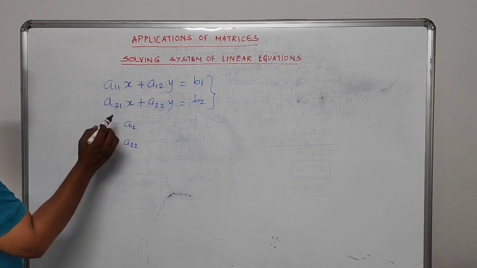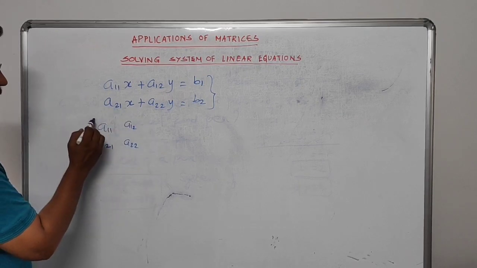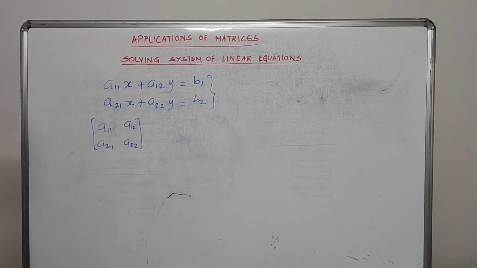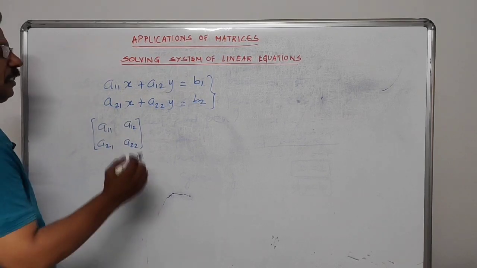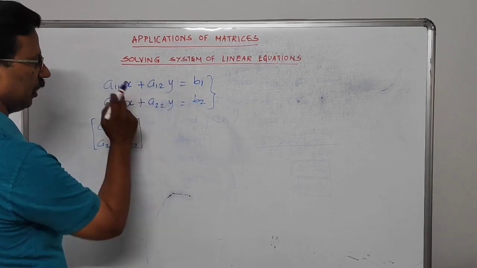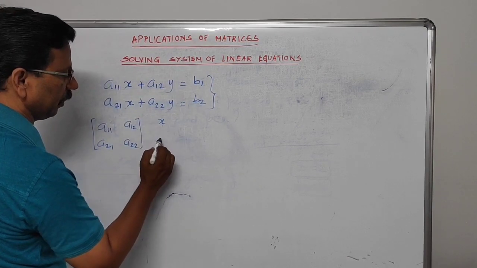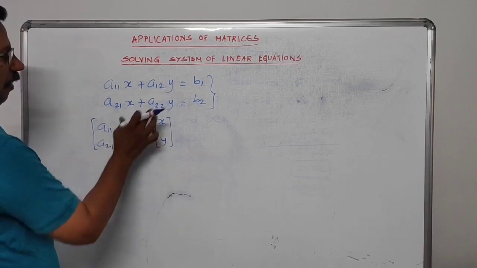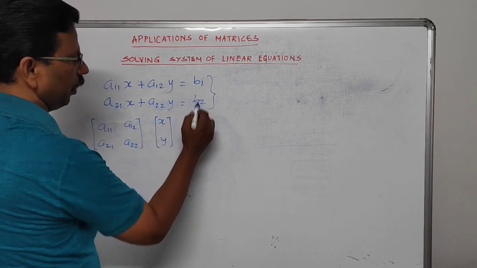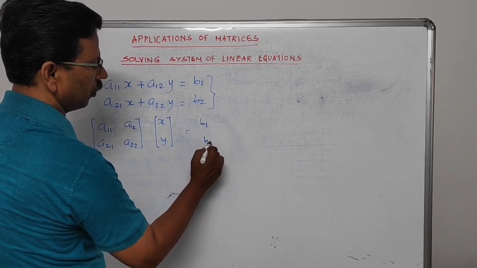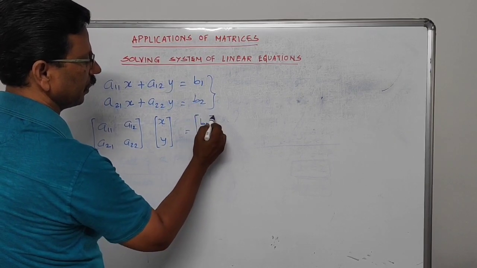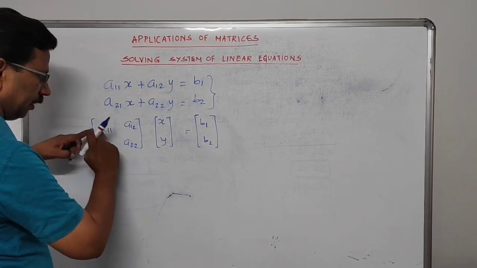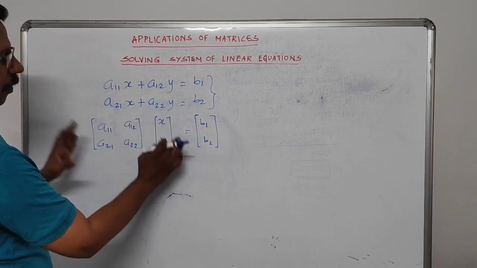Now with these coefficients you form a matrix. This matrix is called the coefficients matrix. After that, the variables x and y we can write as a column matrix. Now the left hand side is equal to the right hand side, b1 and b2 are two constants. This also you can write as a column matrix. Now if you multiply these two matrices, you will get these two equations.